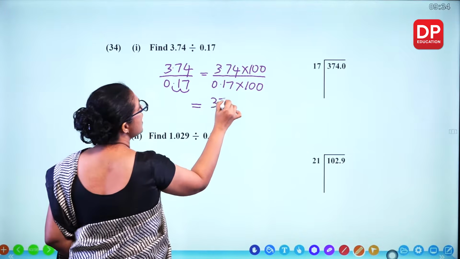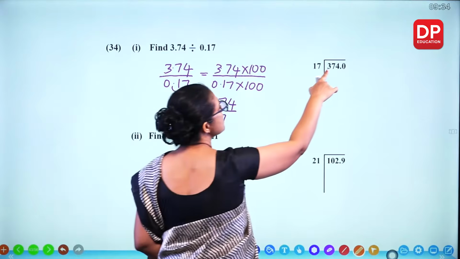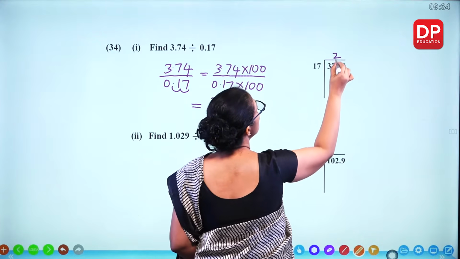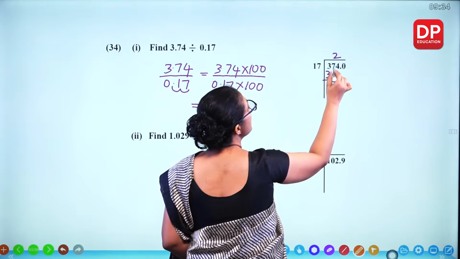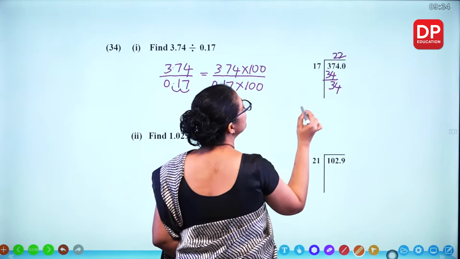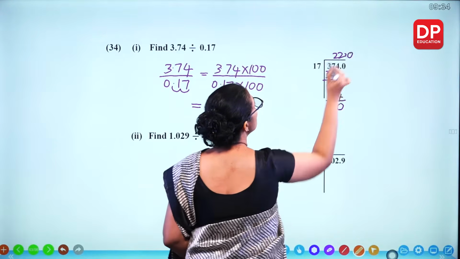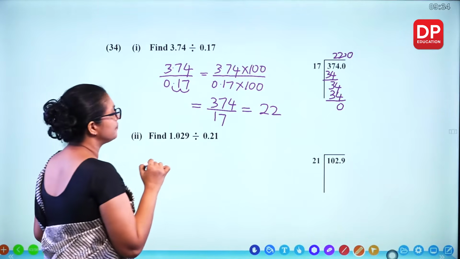So 374 divided by 17. So what is 374 divided by 17? 17 times 2, 34. 34 remaining, again 2, 34. So 22.0 or 22 is the answer.